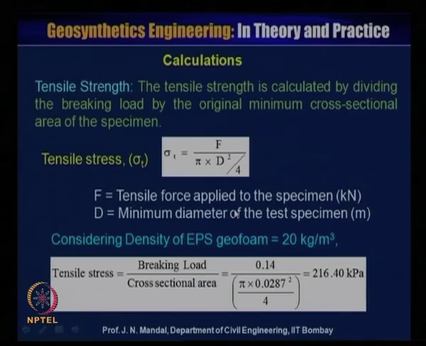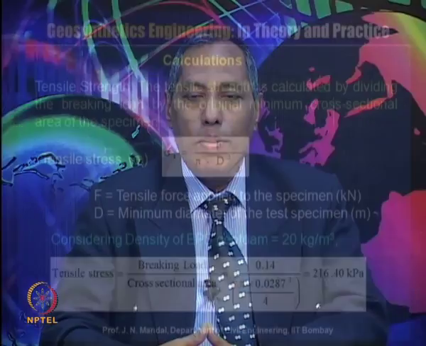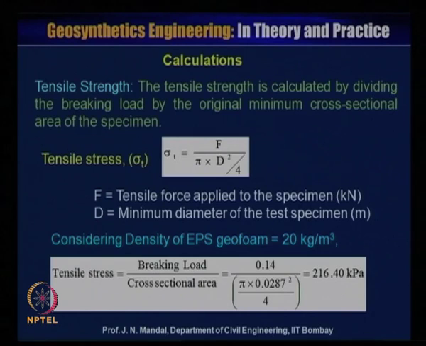So you have to calculate the tensile strength by dividing the breaking load by the original minimum cross-sectional area of the specimen. So tensile strength sigma t is equal to F divided by pi into d square by 4.